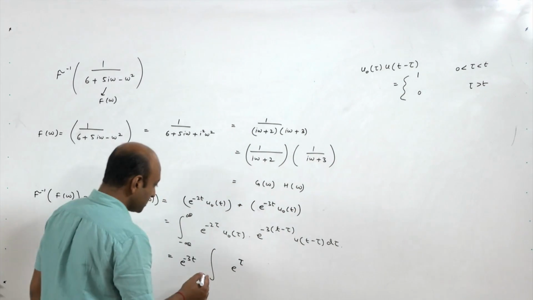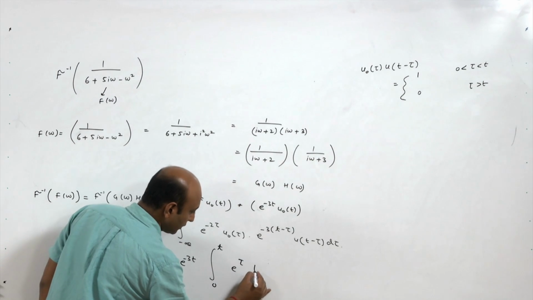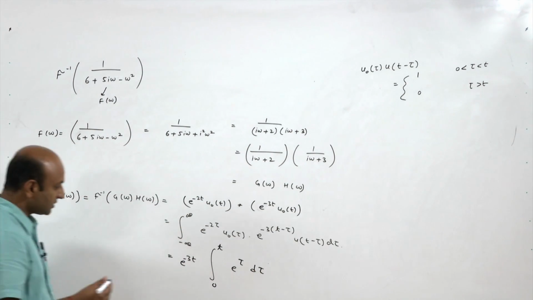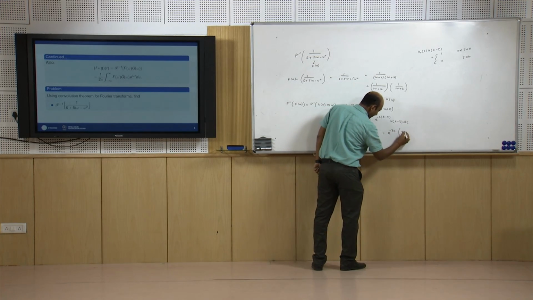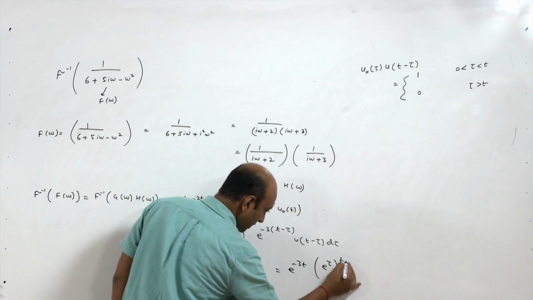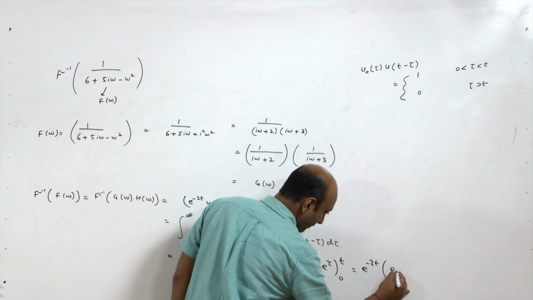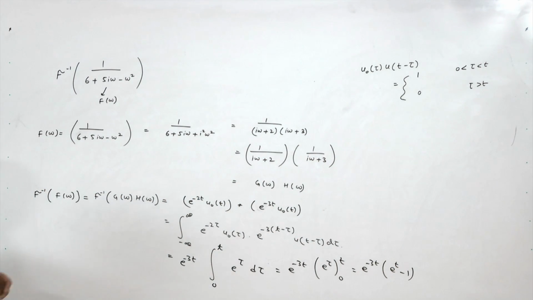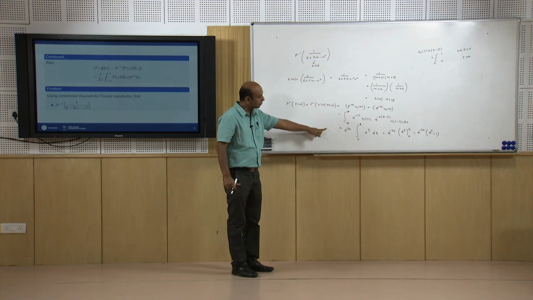So, it is from 0 to t only, d tau. So, this will be equal to e^(-3t) times the integral of e^(tau) from 0 to t, which is e^(-3t) (e^t minus 1). That will be the inverse Fourier transform of this F(omega) using the convolution theorem.